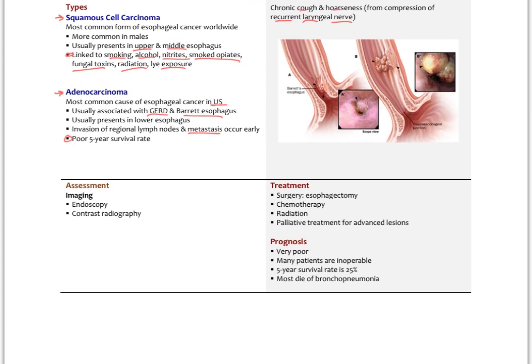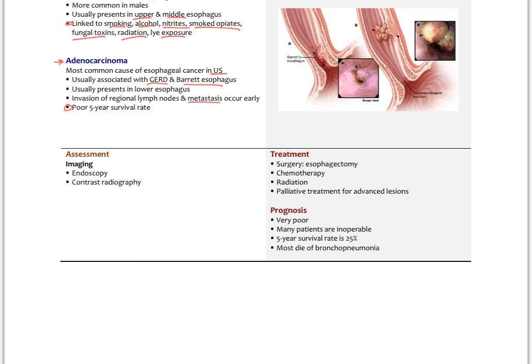The treatment here would be first assessment through imaging and endoscopy, using a contrast agent with x-rays, and maybe a CT scan would all be the typical imaging. This one's difficult to treat because, again, by the time it's diagnosed, it's often spread. Surgery is difficult because you can't really remove the esophagus.